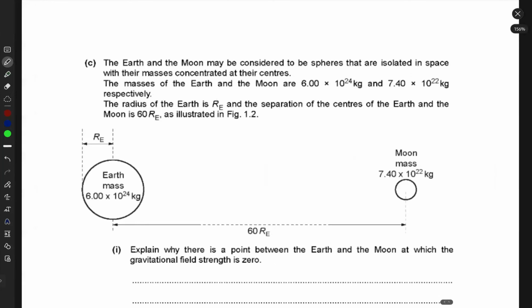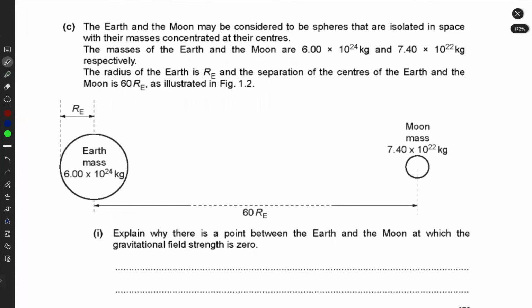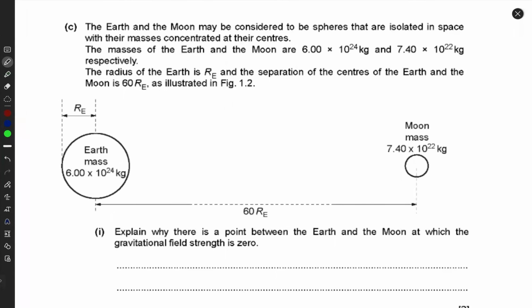Then we can move on to the next part, which I assume is this one. Now the next part is that the Earth and the Moon may be considered to be spheres isolated in space with their masses concentrated at their centers. We have gone through the statement so many times, so we now know what it means. The masses of the Earth and the Moon are 6 times 10 raised to power 24, that's the mass of the Earth, and for the Moon, 7.4 times 10 raised to power 22 respectively.